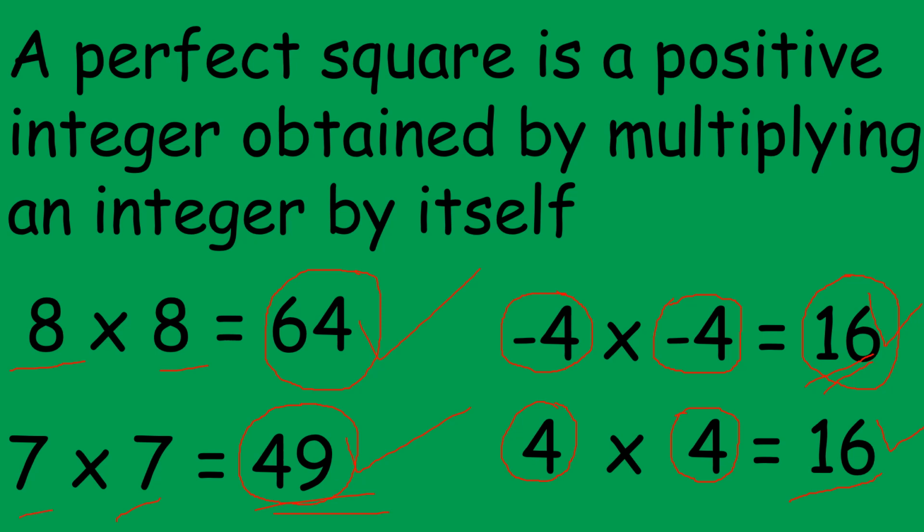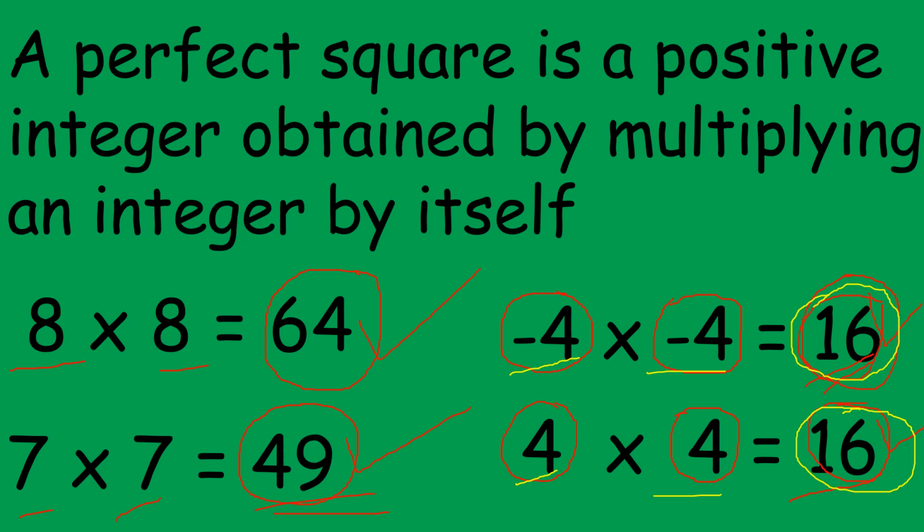Now, we are looking at this 16, and 16 is a perfect square. So what number will you multiply by itself in order to give you 16? You see that in this case you have minus 4 times minus 4 and you get 16, and positive 4 times positive 4 and you get 16.